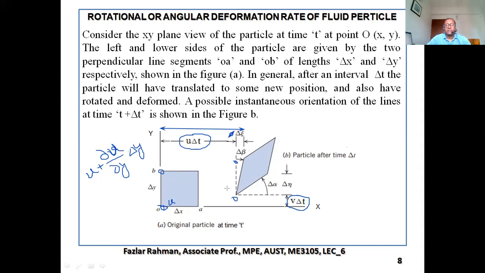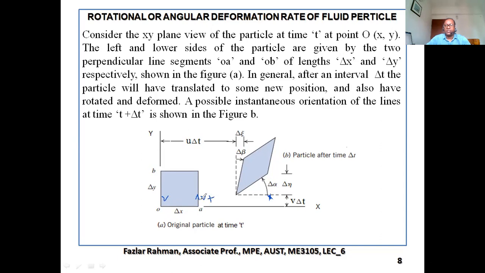Similarly, you see point A. A is supposed to be right over here, but it travels more along the y direction from this point, because at point O the y velocity is v, but right over here it is no longer v. It travels faster than point O. What is this velocity?